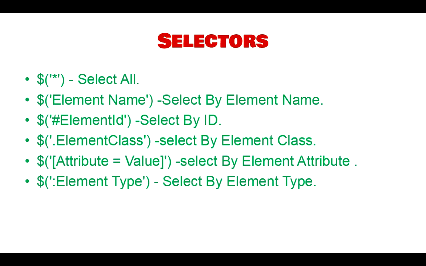And attribute contains all the things in the HTML, like attribute type, name equal to something, id equal to something. These are the attributes. An element type, you can select by the element type, like a type actually text, submit.